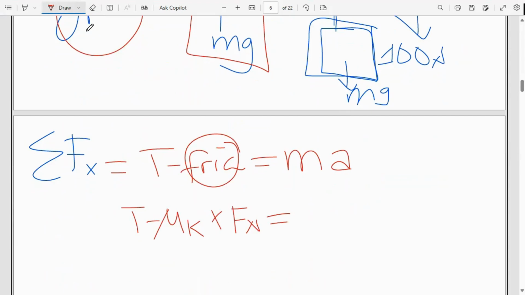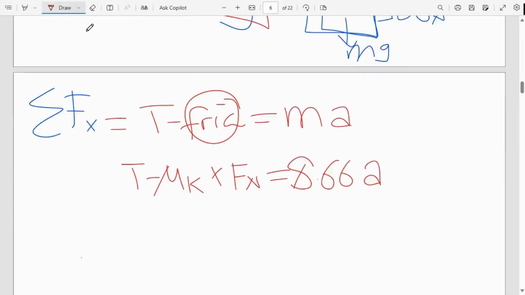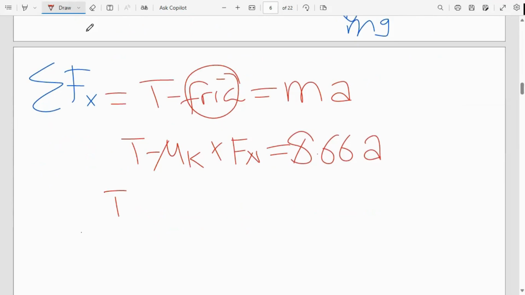So what is the mass of the object on the table? It is 85 divided by 9.81. I'm getting 8.66 kilograms. So 8.66 kilograms multiplied by A, like that. Okay, so T minus, what is the coefficient of friction?